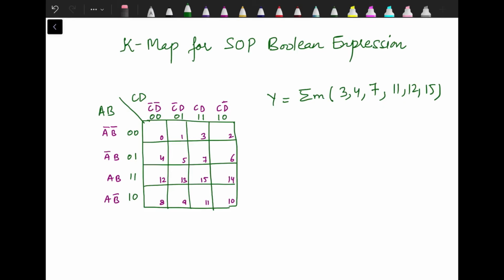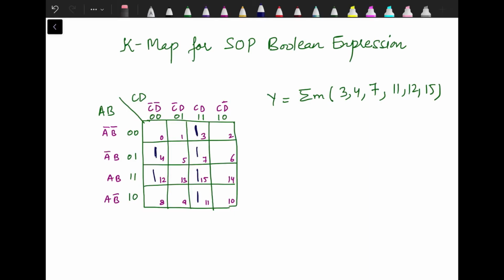So what we need to do is place all these minterms in the K-map. So firstly we have 3, 4, 7, 11, 12 and 15. Once we place all the minterms in the K-map, then we need to start the grouping of ones.